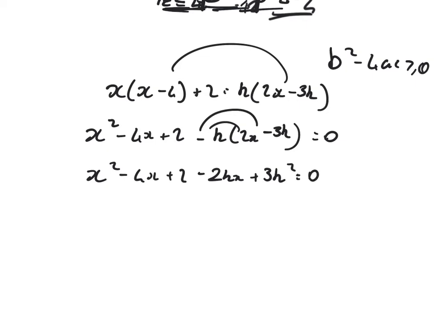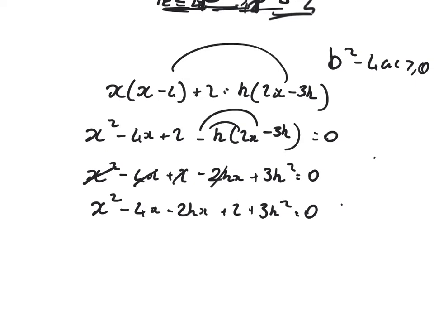Okay, so let's put this in some ordered fashion. x squared minus 4x minus 2kx plus 2 plus 3k squared is equal to 0. Now we've got a slight issue here, which is that we've got multiple x terms.